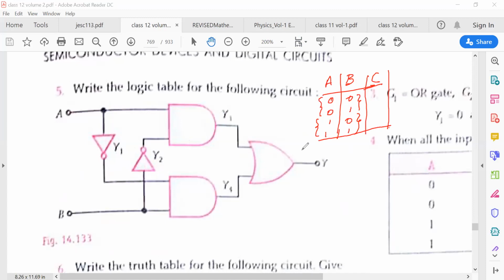So try to find the logic gate. So try to find Y. You do it individually. First find y1, sorry, this is y1, this is y2, this is y3 and this is y4. Okay, and y is your output.